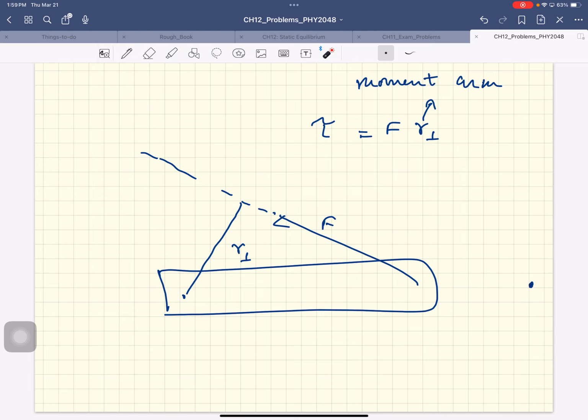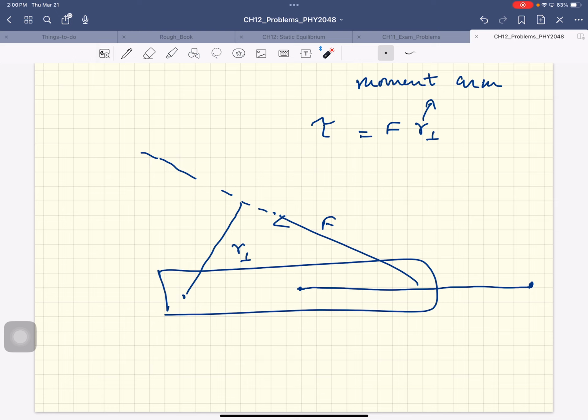Let's say there's a stake there, and we've attached this object by a rope to the stake, and now I've applied a force at this point. So I'm calculating the torque. Yes, then it would be negative, okay? If you calculated the torque of this force about that point, it would be negative.